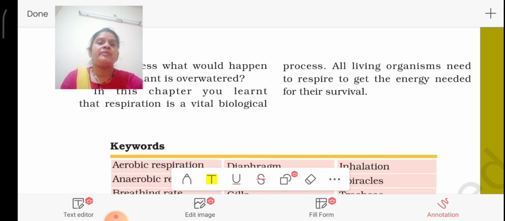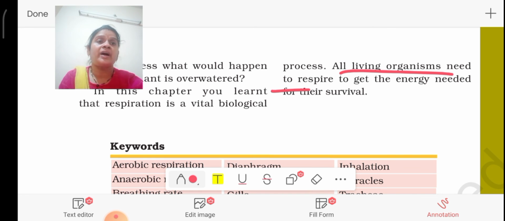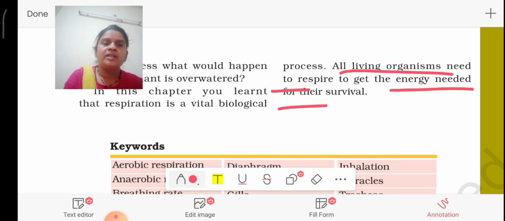All living organisms need to respire. Without respiration they cannot survive. To get energy they should use oxygen. With that oxygen they get energy, and only then will they be able to do all the processes, all the work which is necessary for their life.